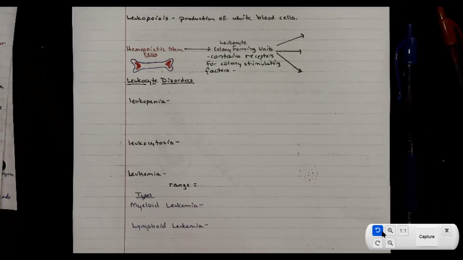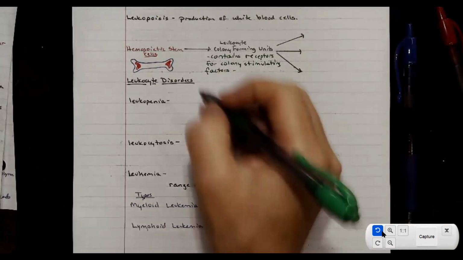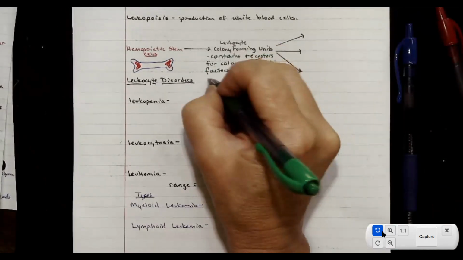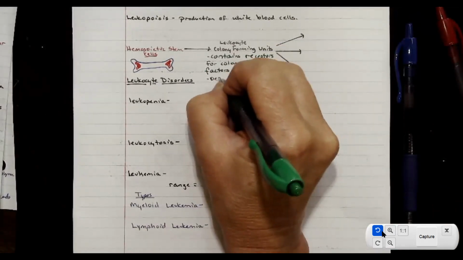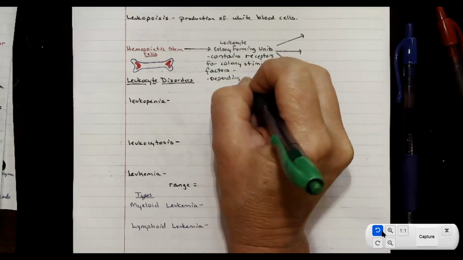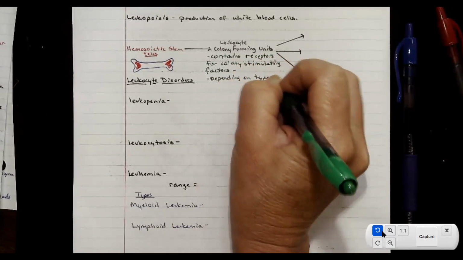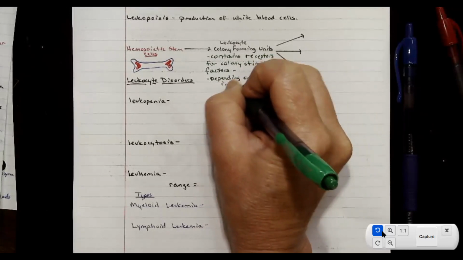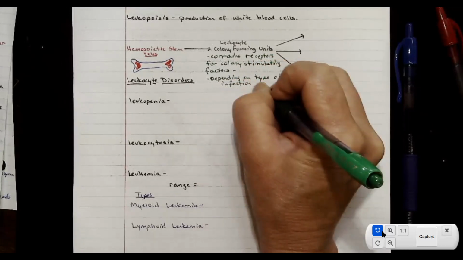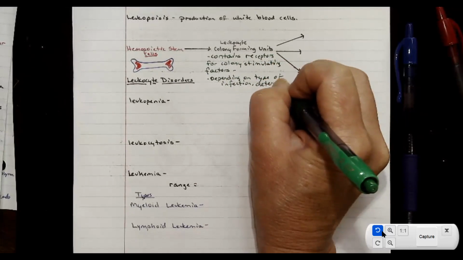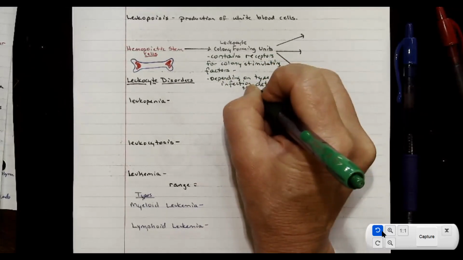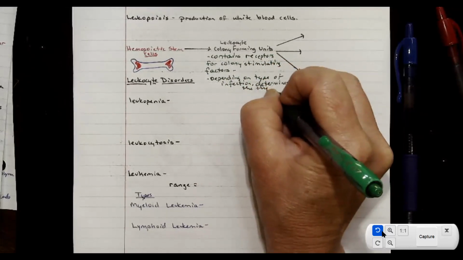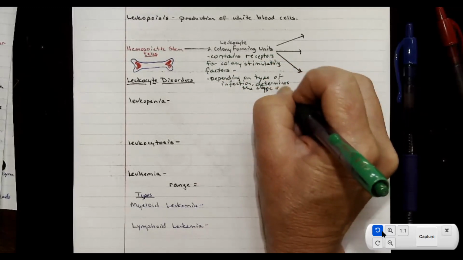Depending on the type of infection determines the type of CFU.